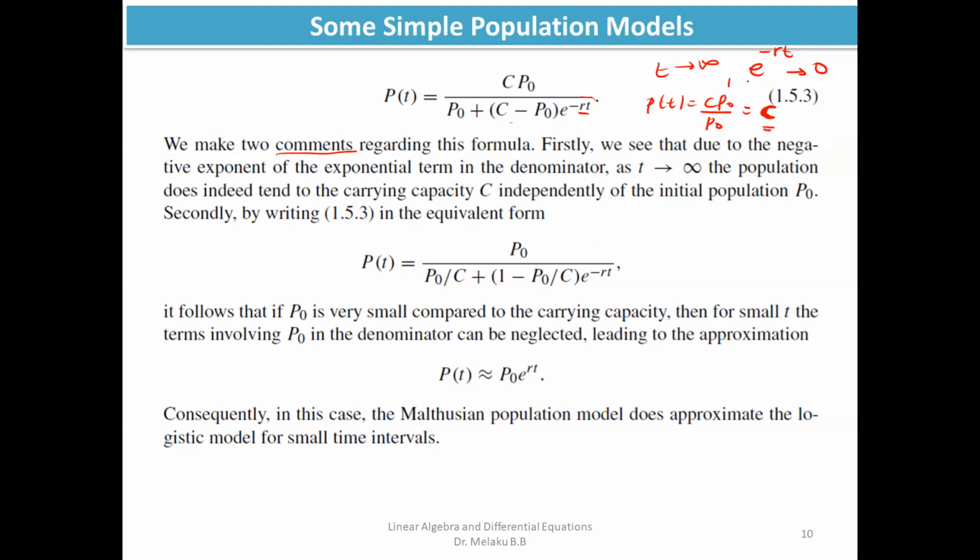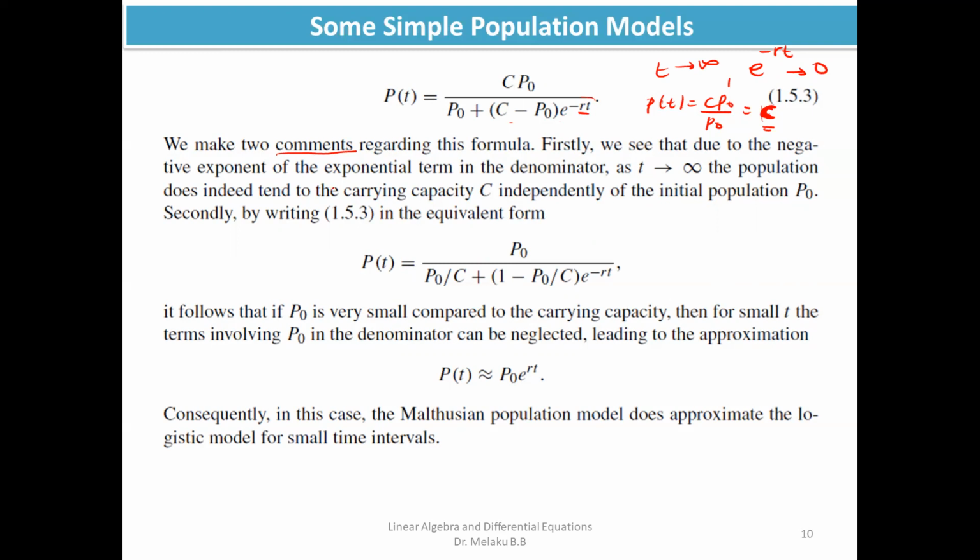When t goes to infinity, the population will be approaching the limiting capacity, the carrying capacity. This is one remark that you should know, independent of the initial population here.